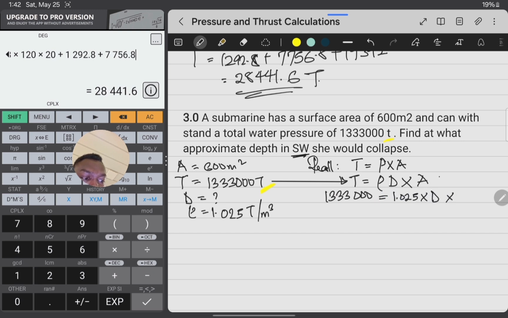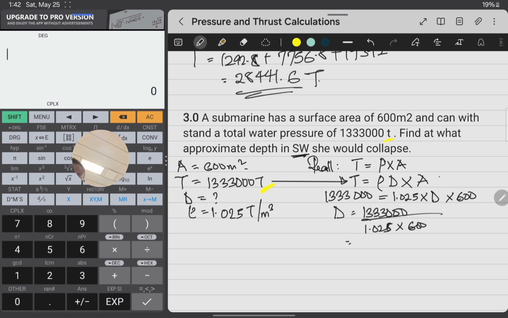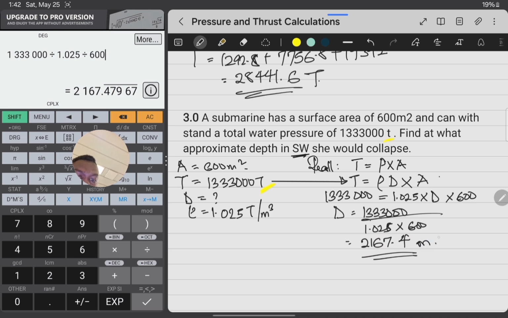We're looking for the draft, and we know the area to be 600. So the draft will be 1333000 divided by 1.025 divided by 600. So it's going to be 2167.4 meters.